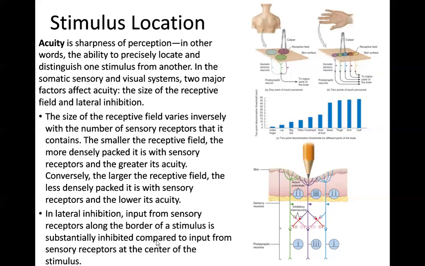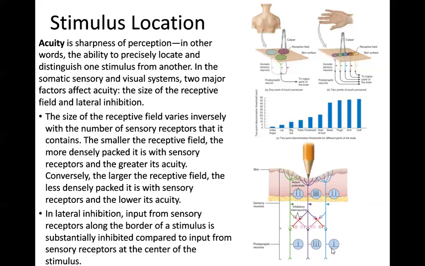where what we see actually, the neuron that's stimulated by the side neurons, the green and the blue, they're actually inhibited because of branches from the middle one.